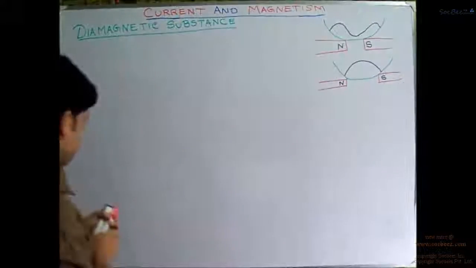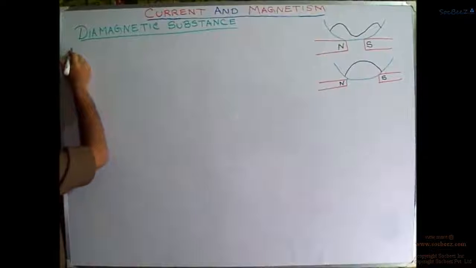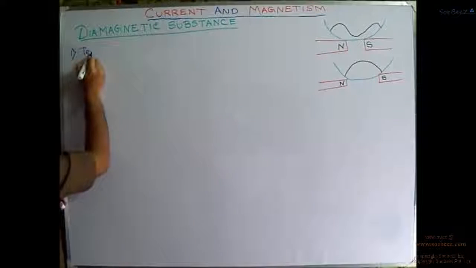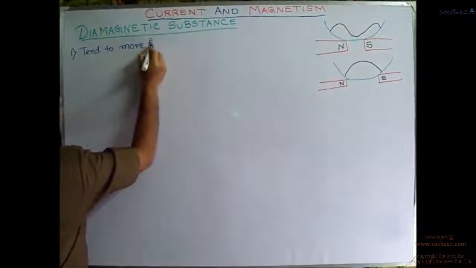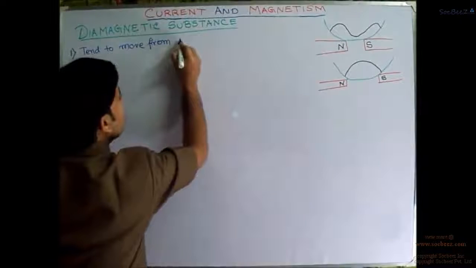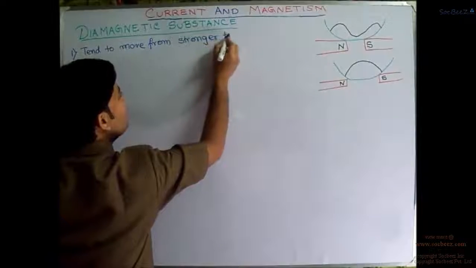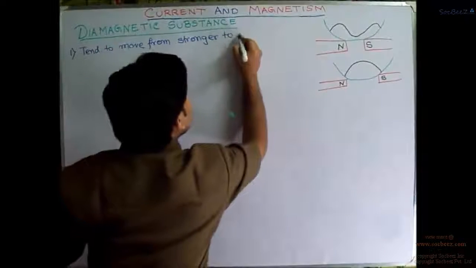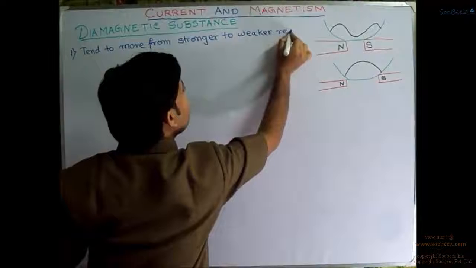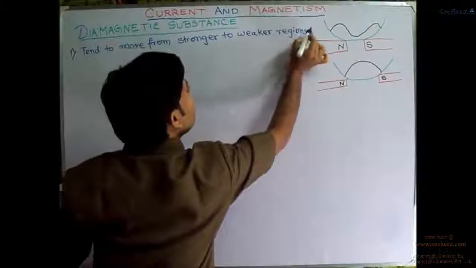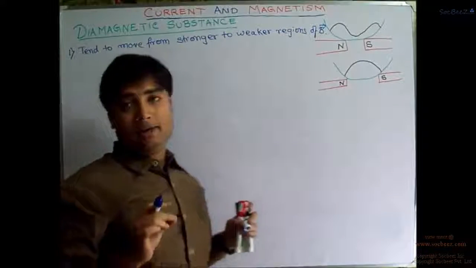So here comes the first property: they tend to move from stronger to weaker regions of the magnetic field B, right?